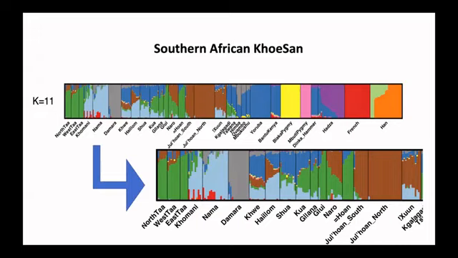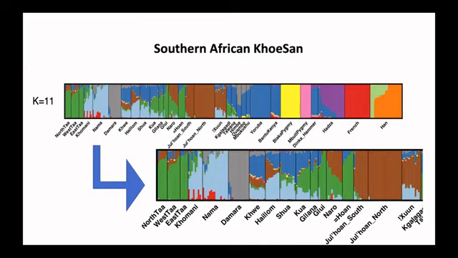So if you're not familiar with admixture plots, every vertical bar is an individual. Each color is reminiscent of that particular ancestral population. So if you look at the French, the red color is reminiscent of French ancestry.